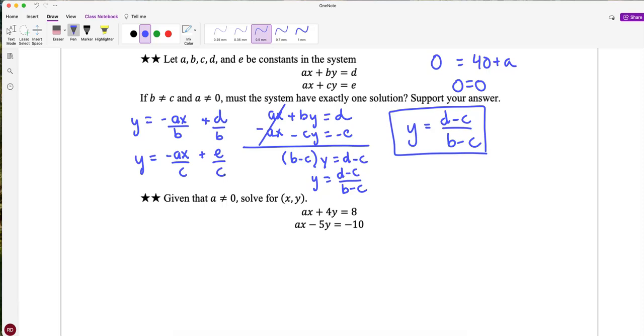When would these things have the same slope? They would have the same slope if negative a over b equals negative a over c. So basically b and c would have to be equal, but I know that b and c are not equal. So they're guaranteed to have different slopes, so they only have one solution.